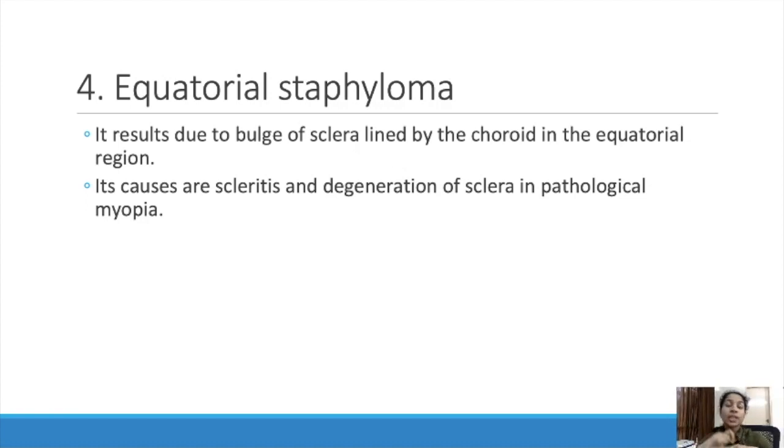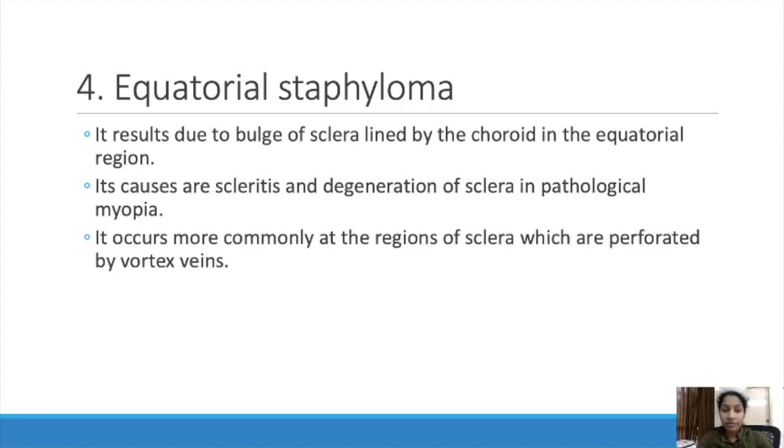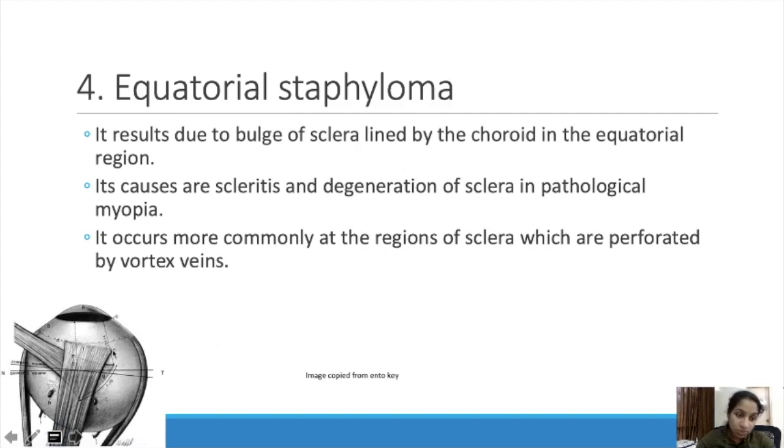Different types of myopia are there, and in pathological myopia, if there is degeneration of sclera, it will cause equatorial staphyloma. It occurs more commonly at the regions of sclera perforated by the vortex veins. In this picture you can see the equator of the eyeball and the openings for the vortex veins.